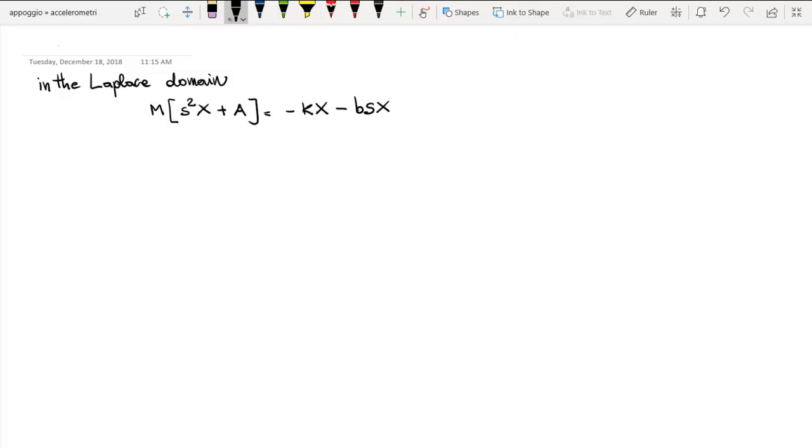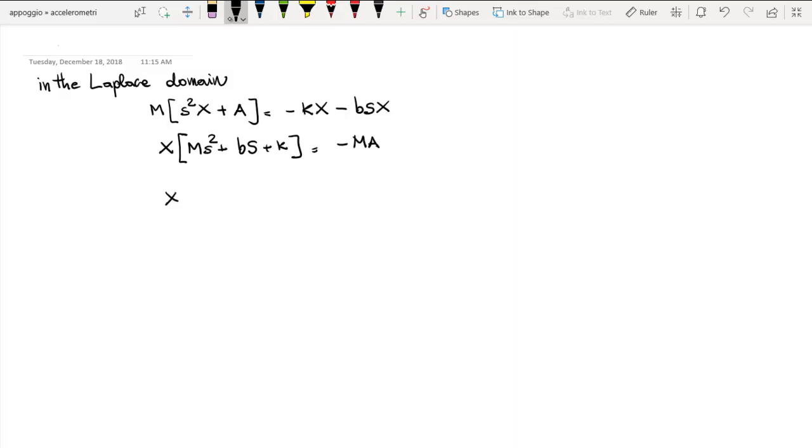Okay? So we can collect all the terms that contain X, and we have something like ms to the power of 2 plus bs plus k is equal to minus ma. Okay?